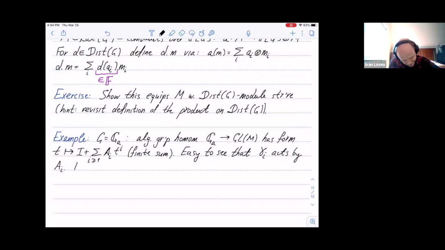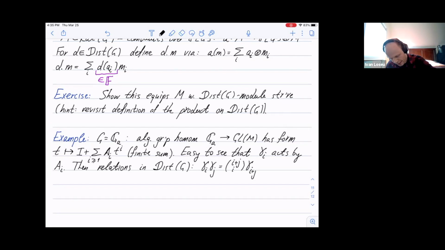And then the relations in Dist G_a look like gamma_i gamma_j is (i+j choose i) times gamma_{i+j}. These are just equivalent to saying that this map, the sum over i bigger or equal than 1 of A_i t^i, is a group homomorphism.